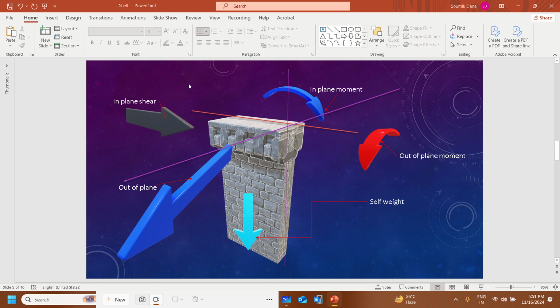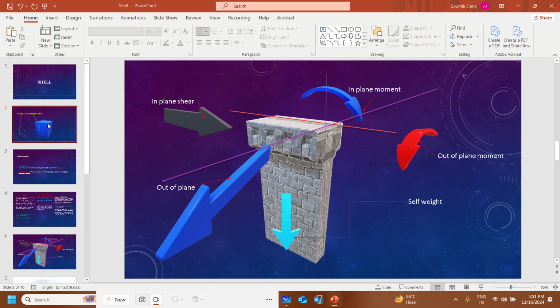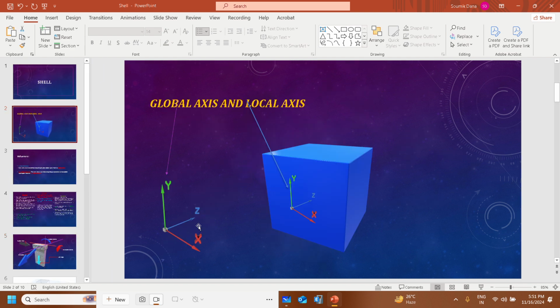So we can say, in case of STAAD, this kind of coordinate system we generally follow. This is the x direction, that means in plane is x, perpendicular to the face of the wall is z, and parallel to the upward direction is called y.